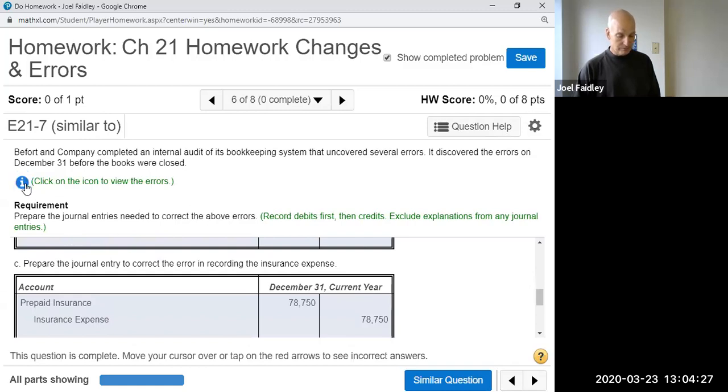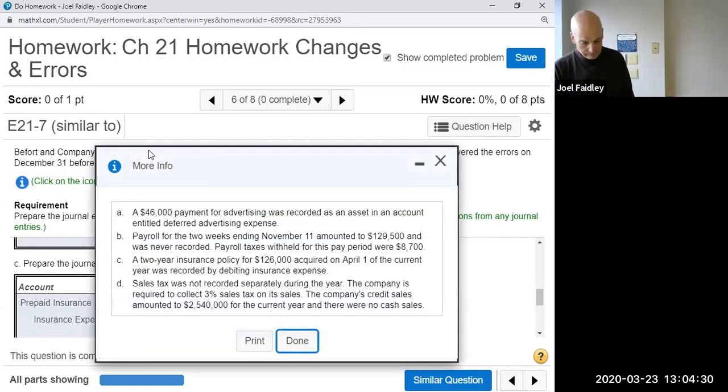Insurance expense. What's going on there? 2-year insurance policy of $126,000 on April 1 was recorded by debiting insurance expense. $126,000 on April 1. And it's 2 years, 24 months.